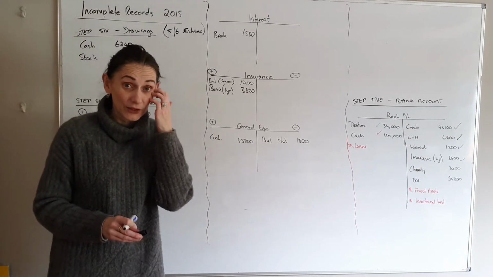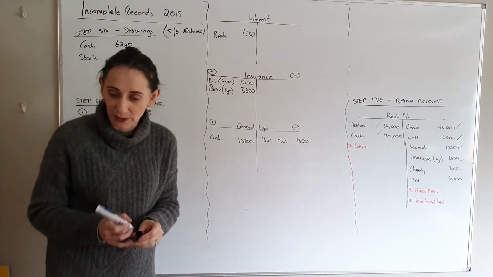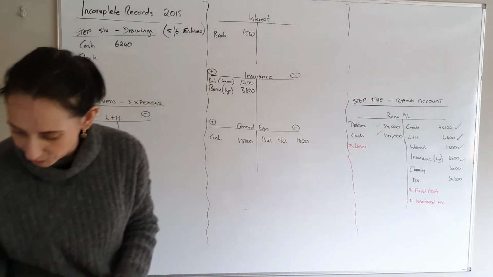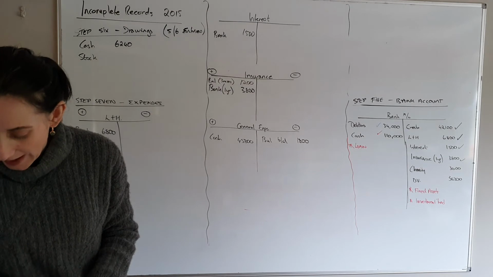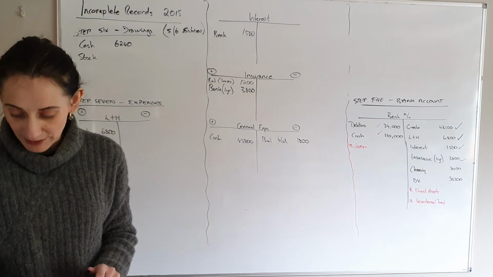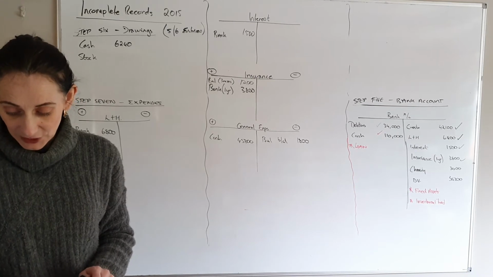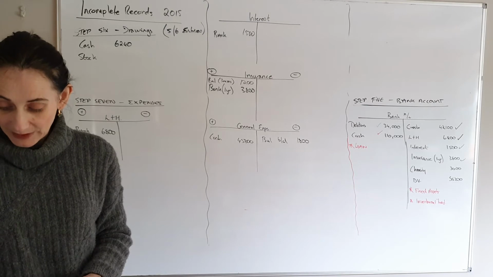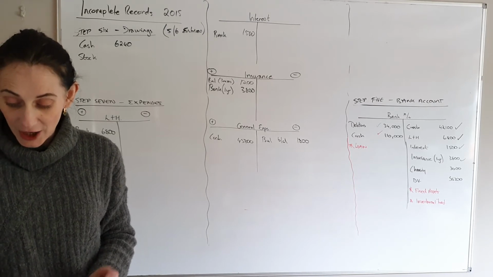Okay, next thing that we're going to do is we're just going to read through different parts of the question and see what's relevant to my expenses, because that's all I'm doing at the moment. So if you go down to, I think it's the 4th paragraph. Murphy estimated that 25% of furniture, 20% of interest payable, and 25% of light and heat are drawings.